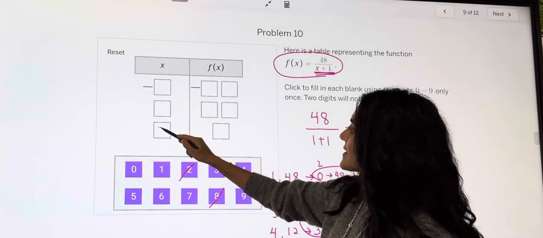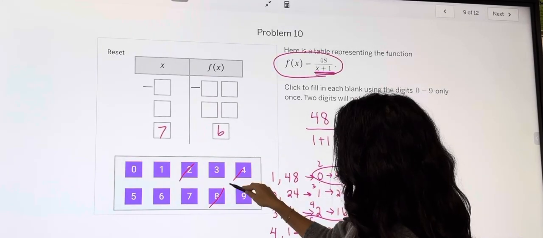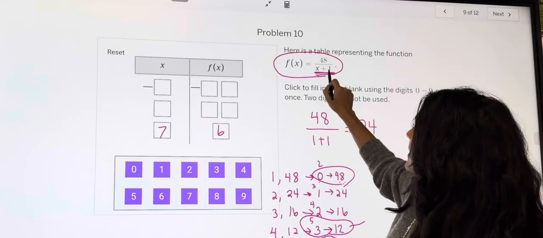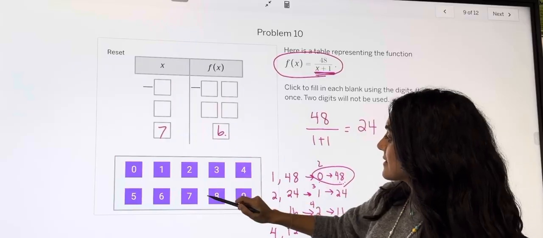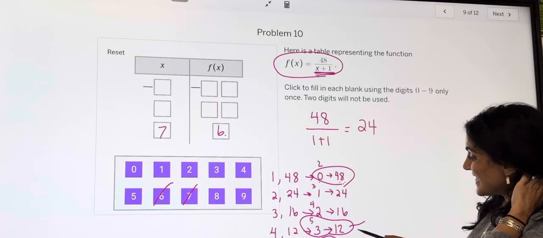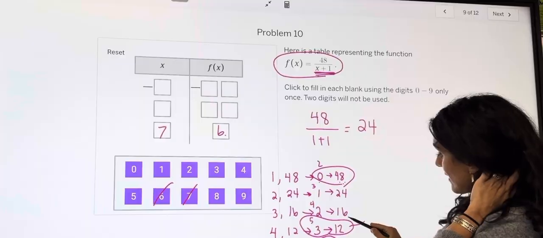All right, let's start with 7 and 6 because I do feel really good about 7 and 6. If I put in 7, 7 plus 1 is 8, 48 divided by 8 is 6. So 7 and 6 are gone. I need now only 2-digit numbers as answers.